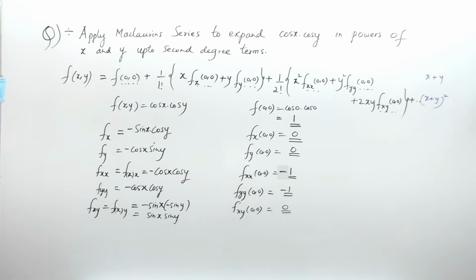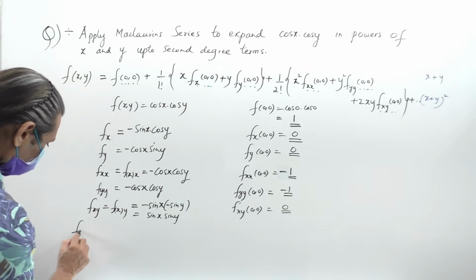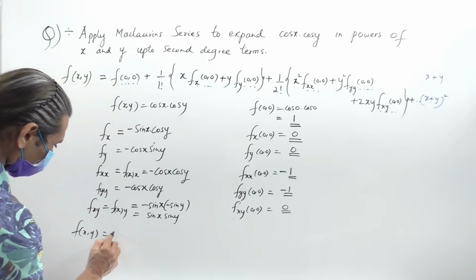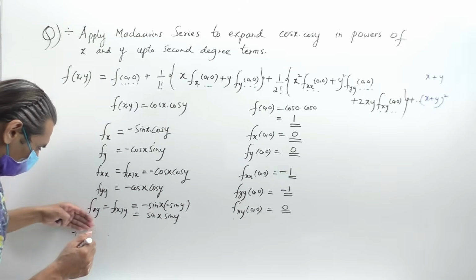Now we need to expand this. So for the expansion, we found all the partial derivatives. Therefore the expansion is given as f of x comma y is equal to, for what we are doing? We are doing it for cos x into cos y. So write directly.